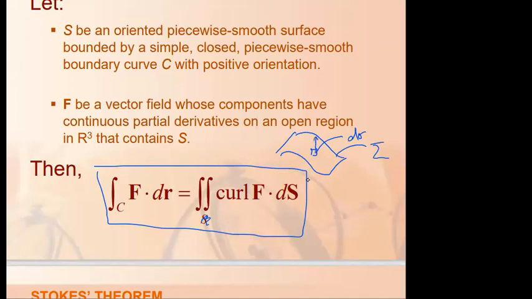You can write this with a vector: the unit normal vector times d sigma, the sigma vector. Okay, so this is called Stokes theorem, right?